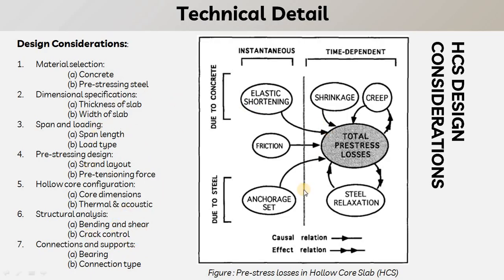And yes, pre-stress loss is one of the important things that has to be considered while considering the force that has to be stressed. There are many losses that are considered while designing: elastic shortening, shrinkage loss, creep loss, friction loss, anchorage set, and steel relaxation.